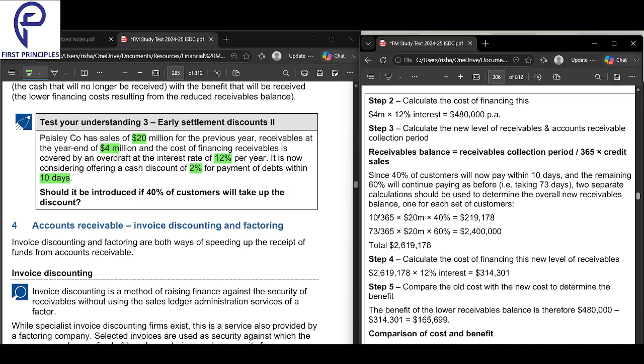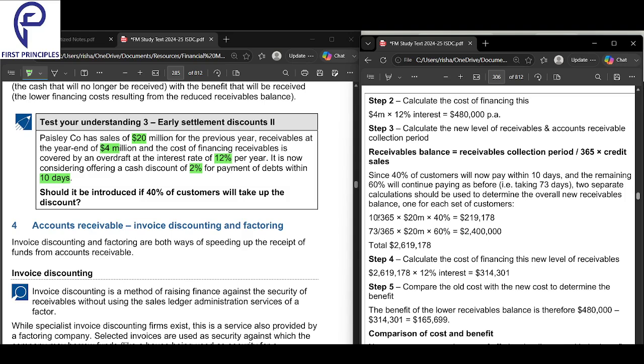Same thing you do. 10 is equal to R divided by 20 million, into 365. See how much people are ready to pay in 10 days. 5 lakh 47, into 40%, because only 40% of people will take this. That is 2 lakh 19,178.